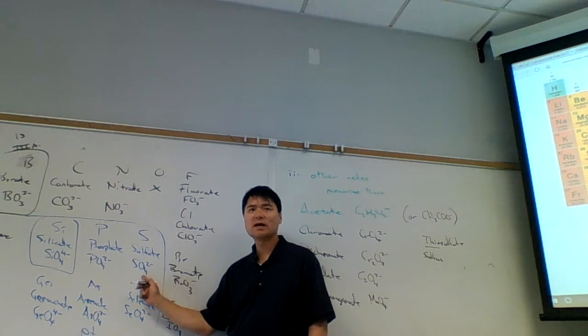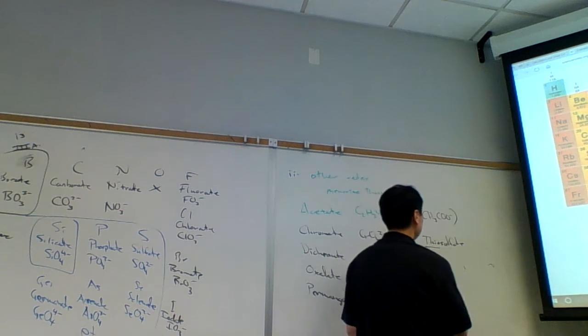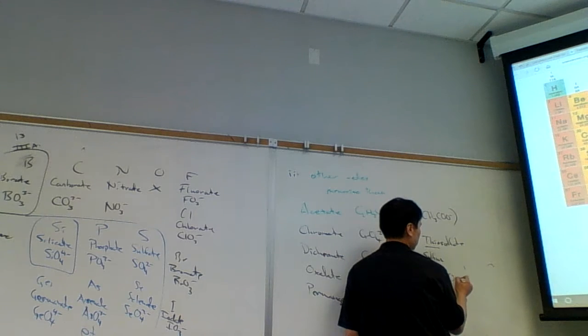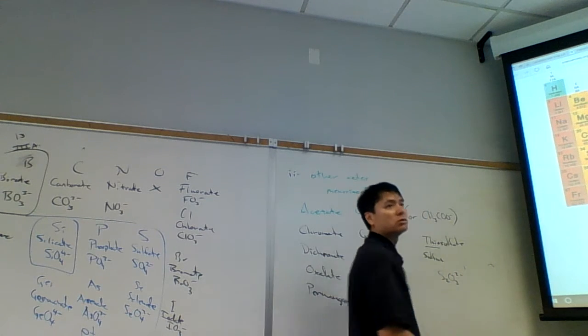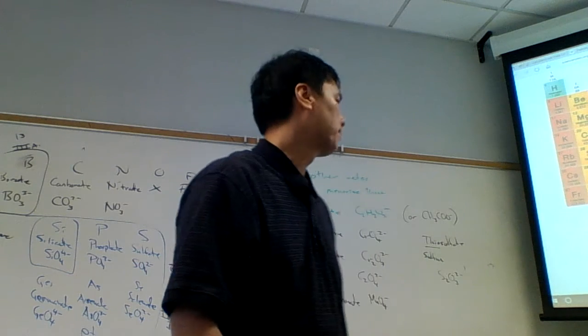If we replace one of the oxygens, then we lose one oxygen, and so it becomes how many oxygens? 3. But we also gain a sulfur, so how many sulfurs do we get? 2. And so thiosulfate is S2O3 with a 2 minus charge. So all we did was swap a sulfur for the oxygen.